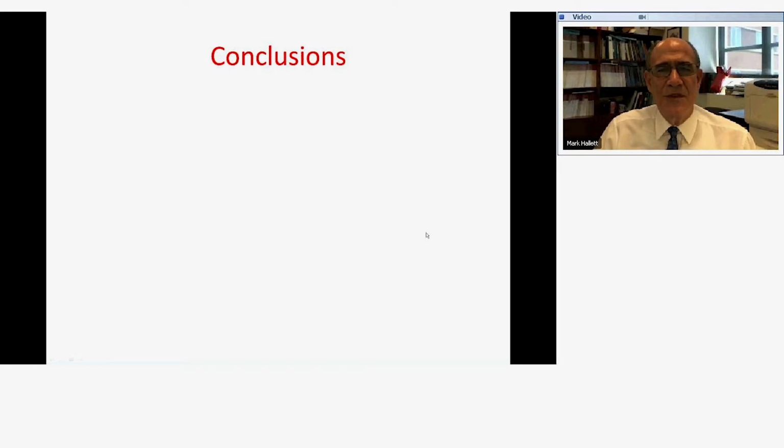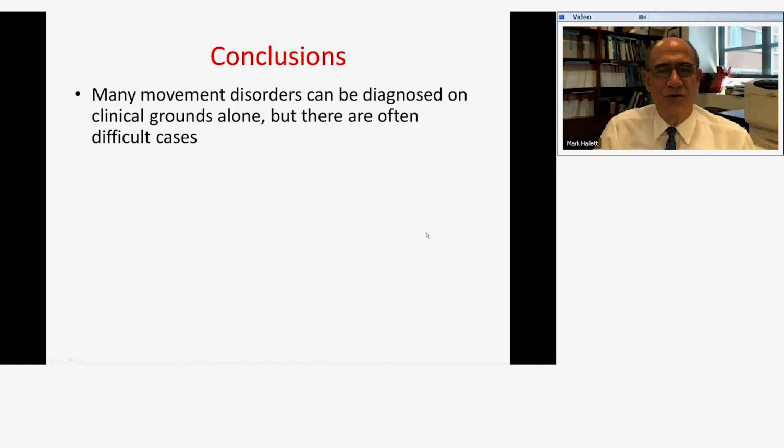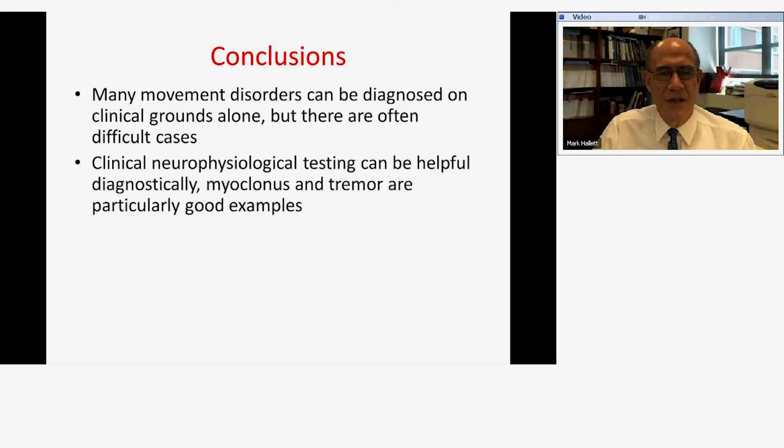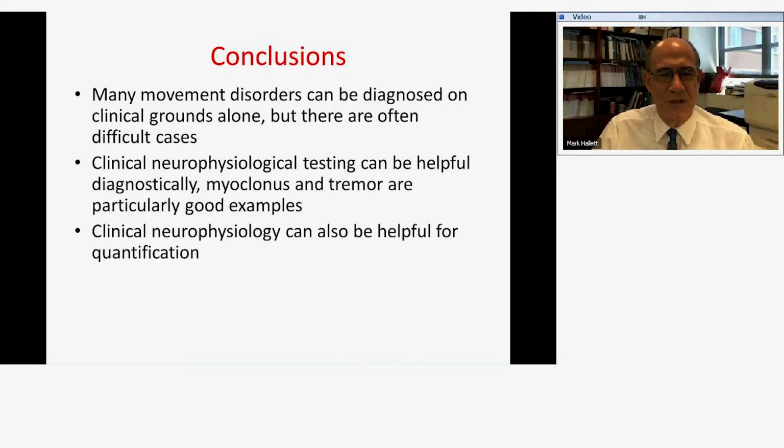So then, in terms of conclusions, I hope that I've shown you by these two examples that movement disorders, even though some of them can be diagnosed on clinical grounds, often present difficult cases where it isn't clear. The clinical neurophysiology can be helpful, and I think myoclonus and tremor are probably the two best examples of this. We can also quantify these things.